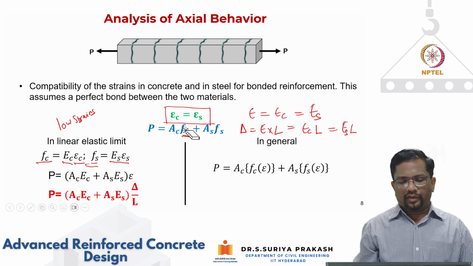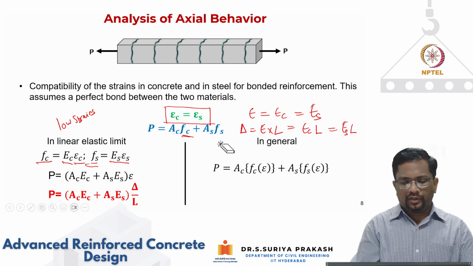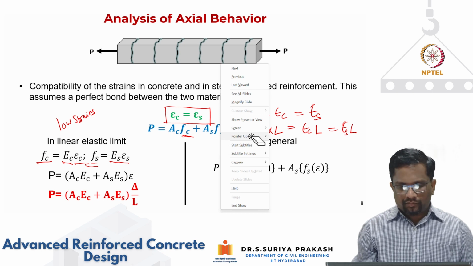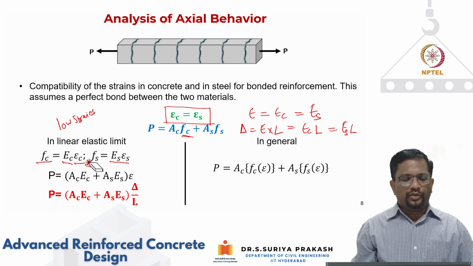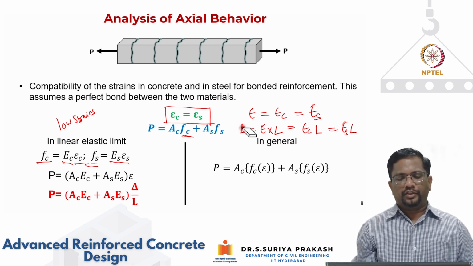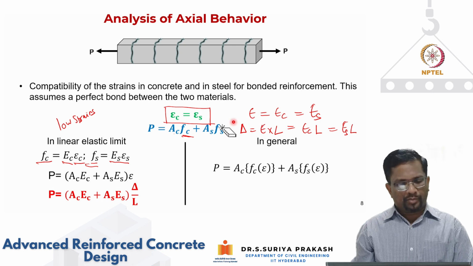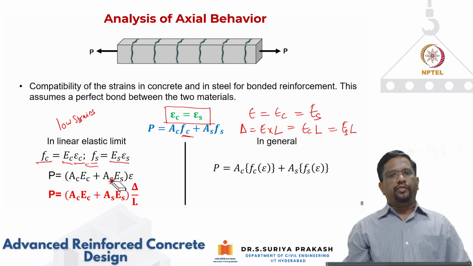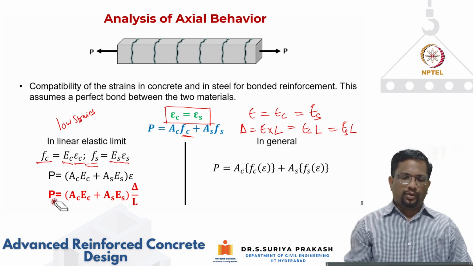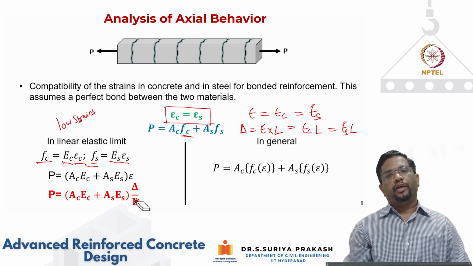So when I put it in this equation, fc as Ec and epsilon c, and in this equation, fs can be written as Es multiplied by epsilon s. Now we know that epsilon c is equal to epsilon s, so that is equal to epsilon as per here. So epsilon can be taken out, and you can write it like this.